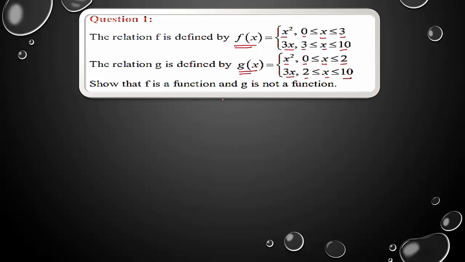Clear? So from this f and g, we have to show that f is a function and g is not a function. Okay, so now we shall continue with this problem.